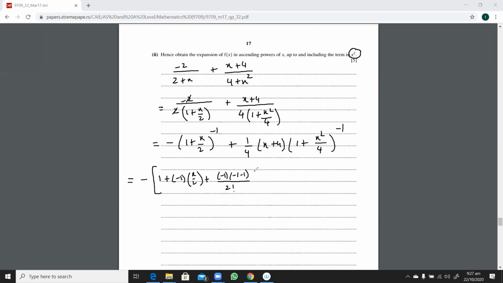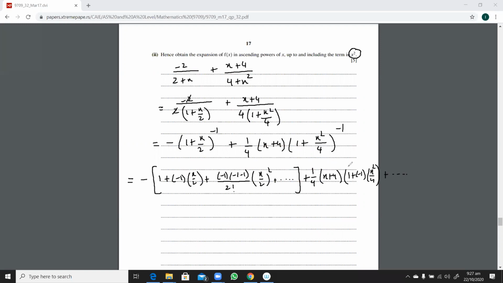Okay. So this is going to be x over 2 squared. Don't forget to put these dots here. And then plus 1 over 4 into x plus 4 into 1 plus n into this x squared over 4, and so on.